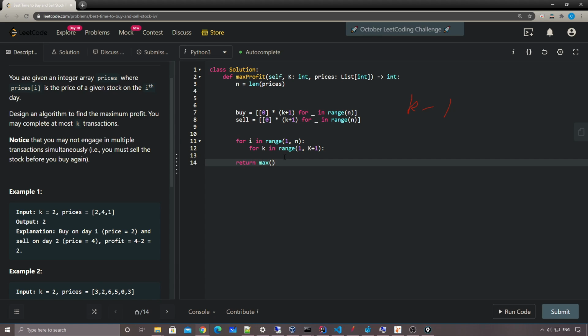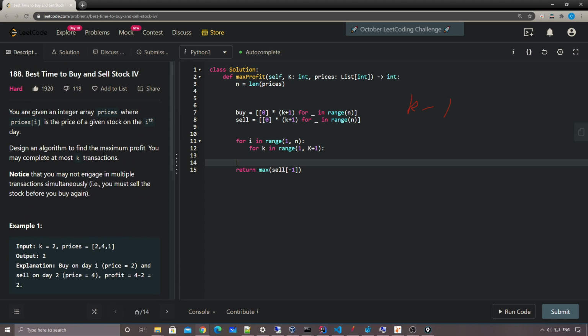We simply return the max of cell minus 1, right? So why is that? It means that at the end, in order to get the maximum profit, the last transaction has to be sell, and we're getting that until the last day.